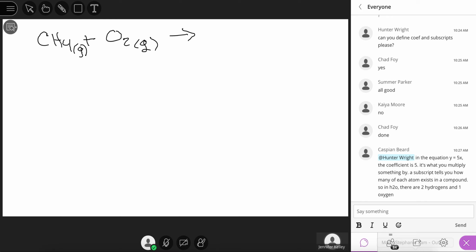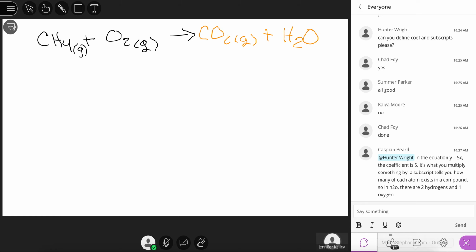If that's all we're given in a question, then I don't need anybody to tell me what it forms because I know what it forms. It forms carbon dioxide and water. Carbon dioxide is a gas. Most of the time in combustion reactions, water will be in the form of a gas because combustion is really hot, so it vaporizes it. It'll eventually condense, but immediately it does this.